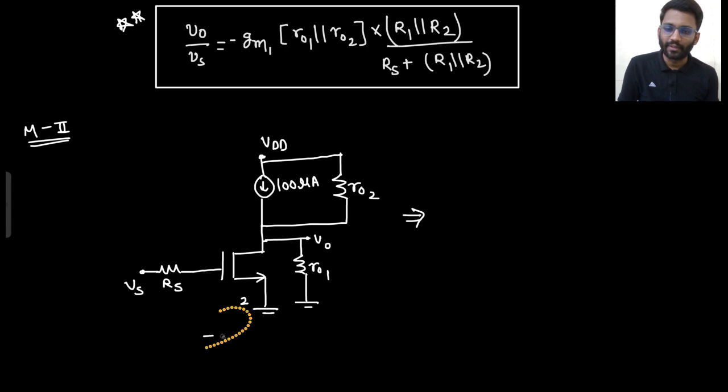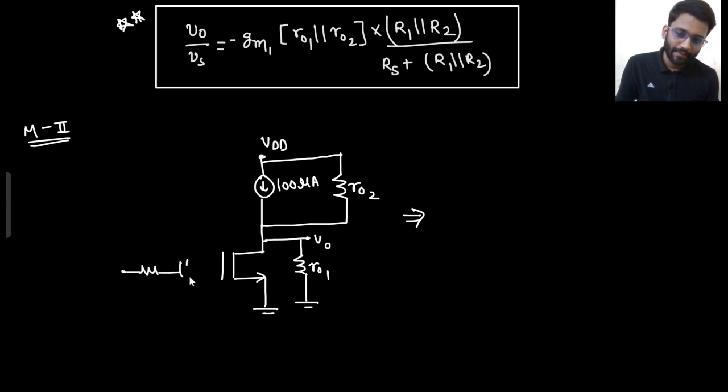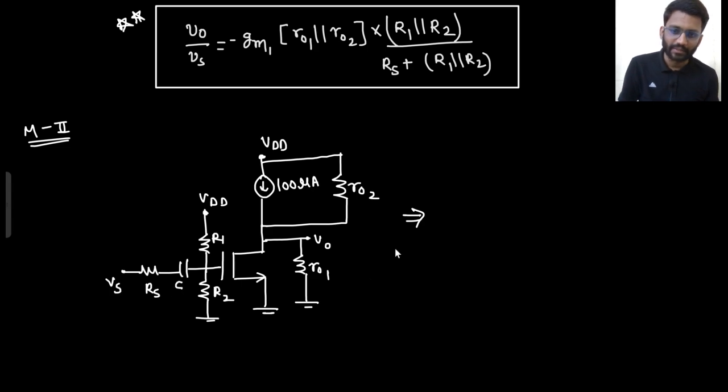Or better, I should make the complete circuit, not just the small signal. This is R1, this is R2, this is VDD, this is Rs, this is Vs, and this is capacitor C. So what will be the final circuit after the small signal analysis?